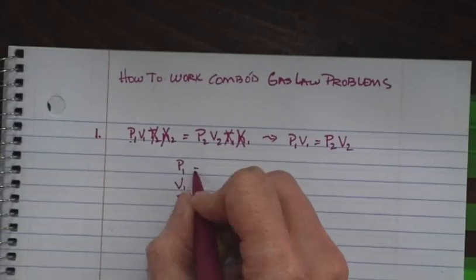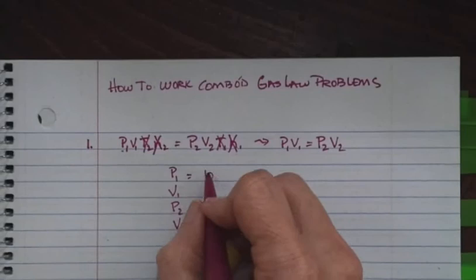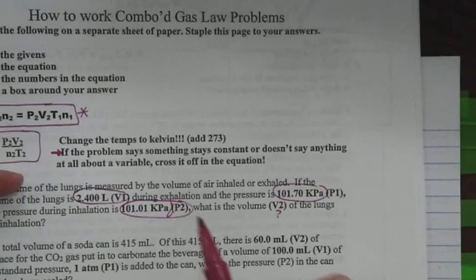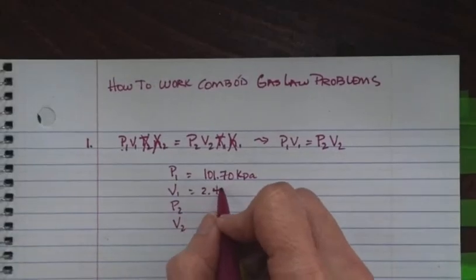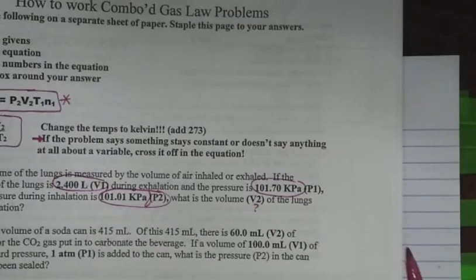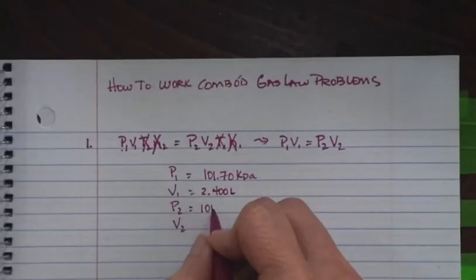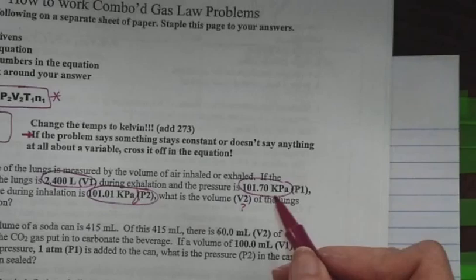Well, P1 is 101.70 kilopascals. V1 is 2.400 liters. P2, 101.01 kilopascals. And V2, that's what we don't know.